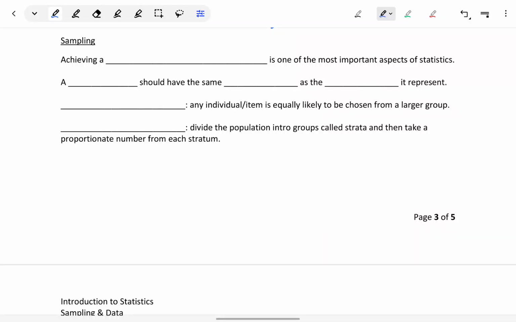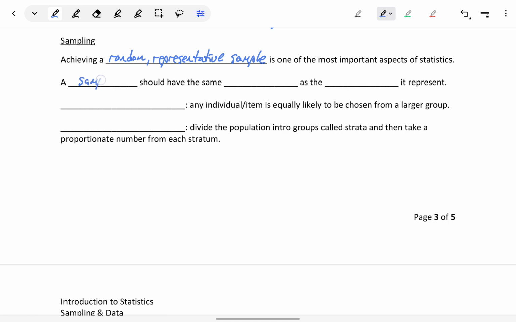We mentioned before that in statistics, we generally deal with data that comes from a sample, some smaller group that represents a larger population. And achieving a random representative sample is one of the most important aspects of statistics.